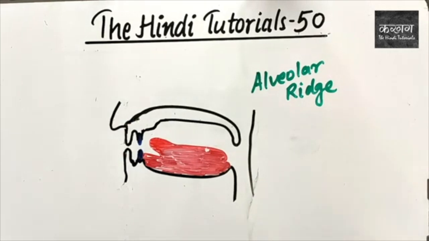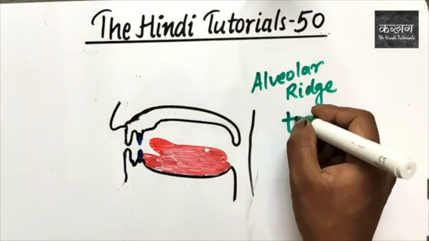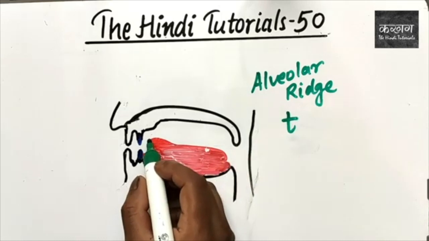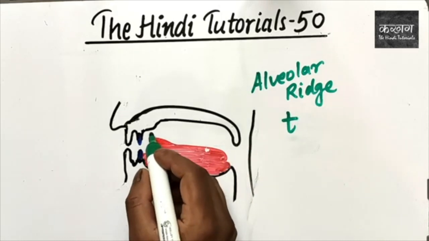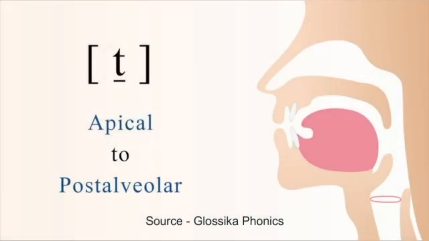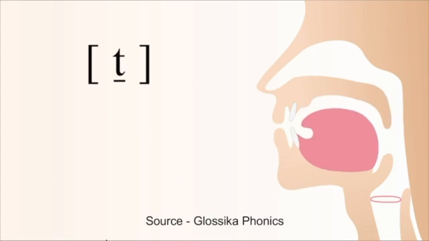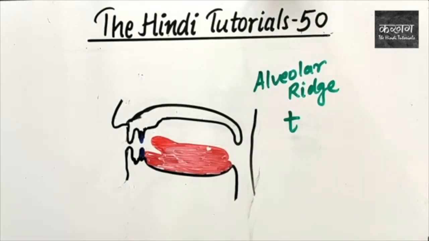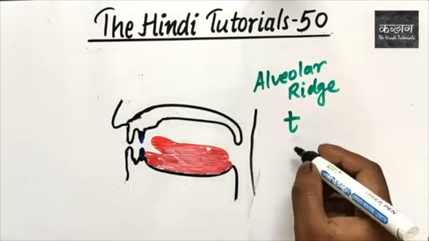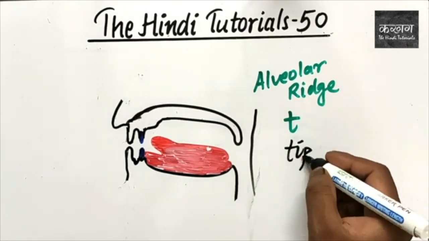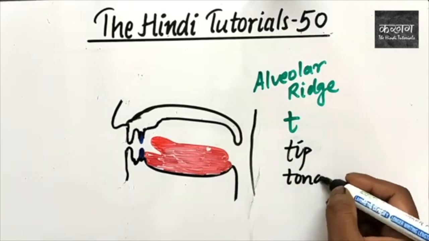Now, to pronounce the English T, we touch the tip of our tongue on this alveolar ridge. D, D, T. So you can verify it right now by pronouncing the words tip or tongue.